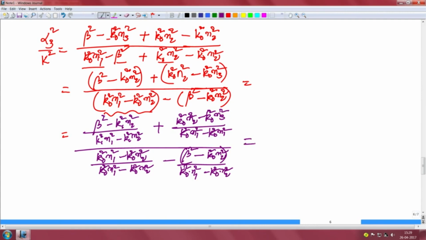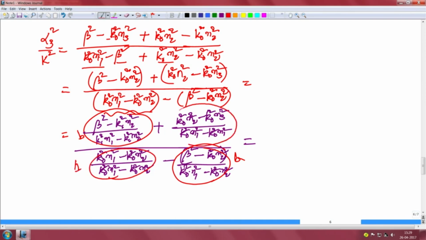Now, this is small b and this is also the normalized propagation constant b. This of course is 1, and we will call this some other arbitrary parameter a. So, this reduces to b plus a divided by 1 minus b.